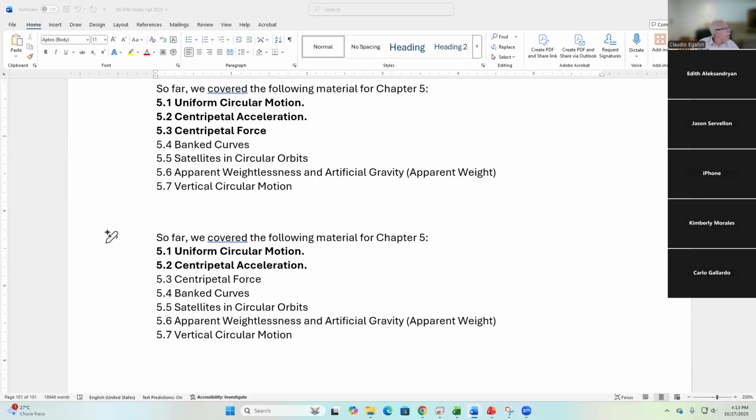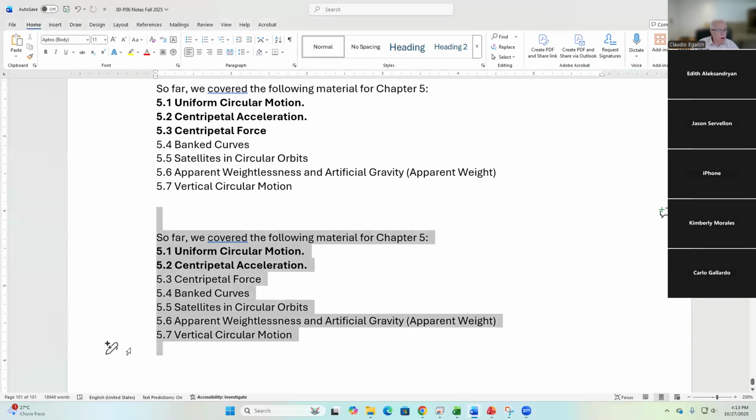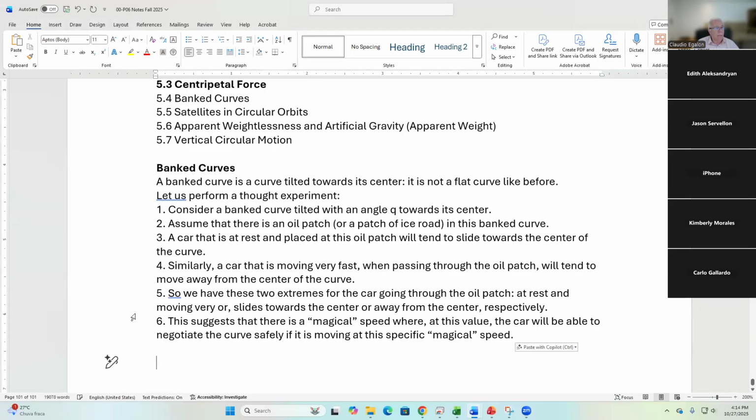I was freaking out here. What's happening? It's my computer. Okay, now I figured out what the problem is. Here you go. Okay, banked curve. A banked curve is a curve tilted towards its center. It's not a flat curve like before.